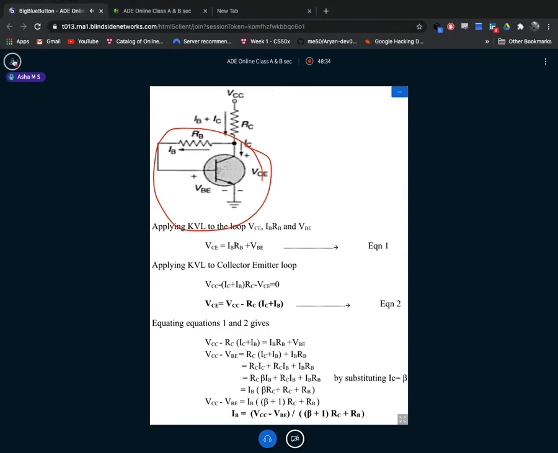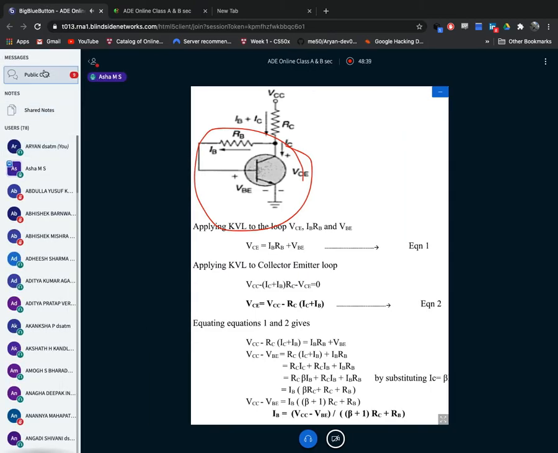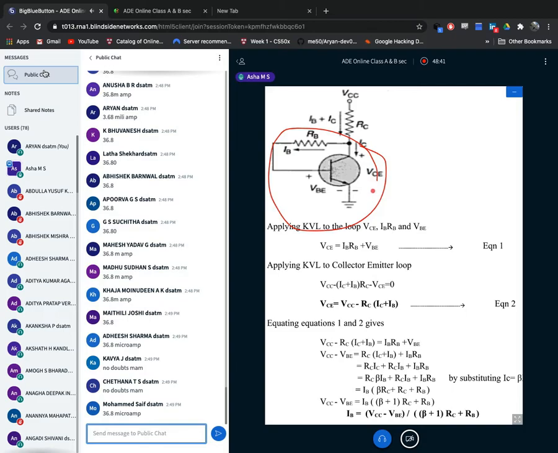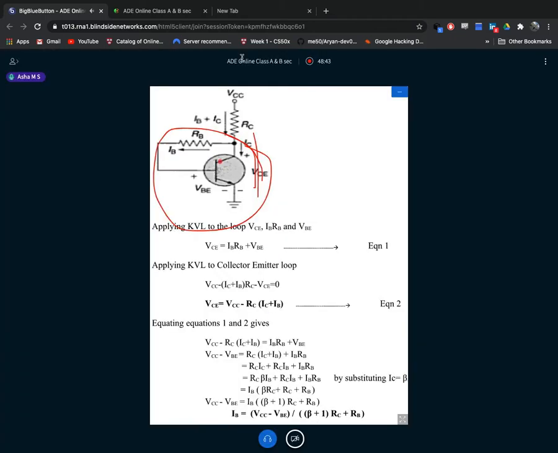So VCE is equal to IBRB plus VBE. We name this equation 1.